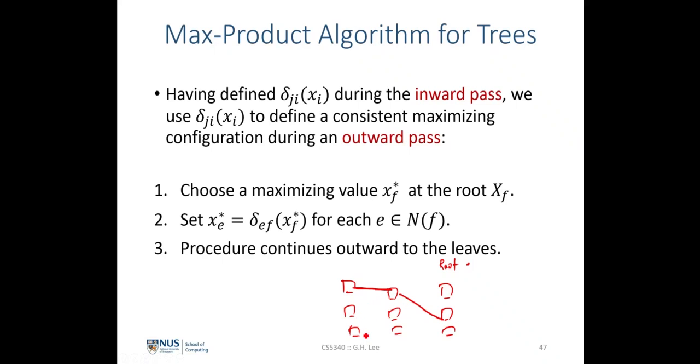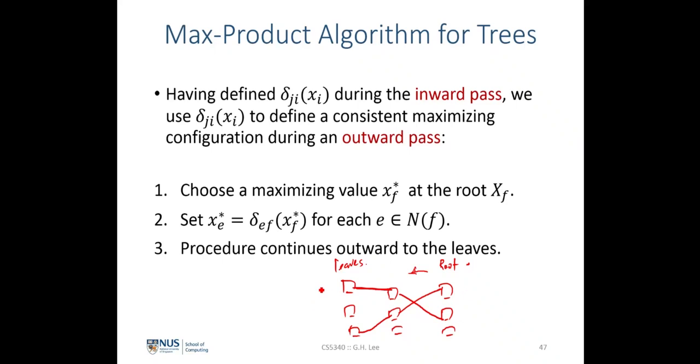Now suppose that there are 2 different configurations that give rise to the maximum value. I'll actually trace all these paths when I do the forward pass from the leaf nodes to the root node. And in the backward pass, in the downward pass from the root node to the leaf nodes, what I simply need to do is to choose a maximal configuration at the root node.